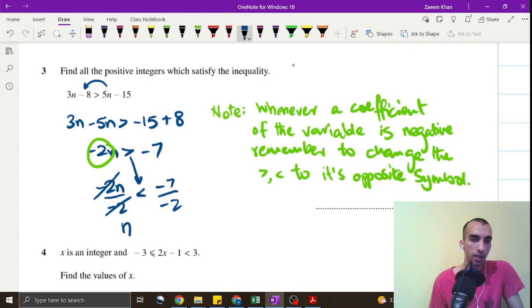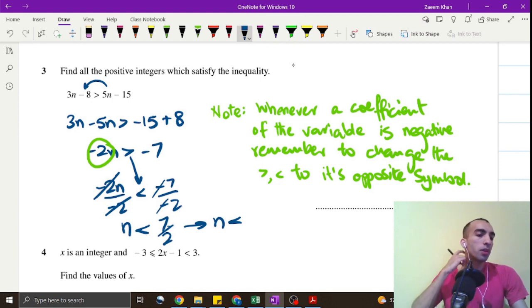And we're left with n is less than, and how do I simplify the right hand side? 7 by 2. First of all, what I can do is cut out the negative signs. One's in the numerator, the other one's in the denominator. And then I can write 7 by 2 as it is.